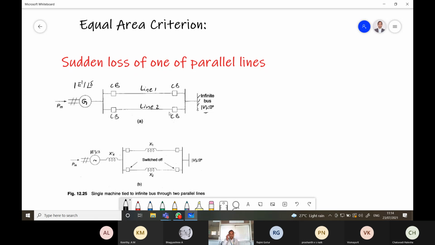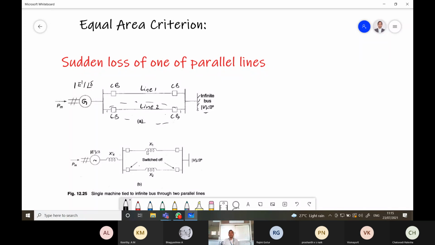Suppose there is a sudden loss of one of the parallel lines, because of a fault in the second line. If we lose this complete line, it gets opened. The two circuit breakers are switched off, and the entire line is out of the power flow.